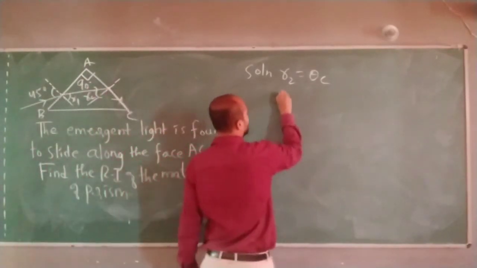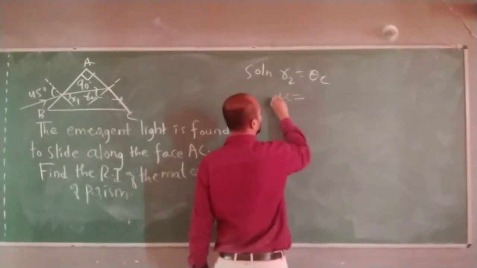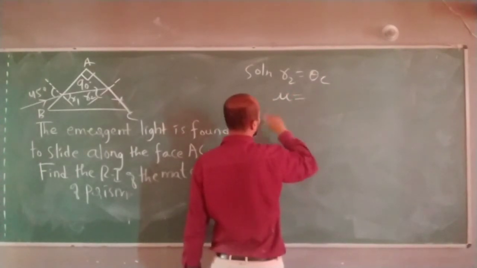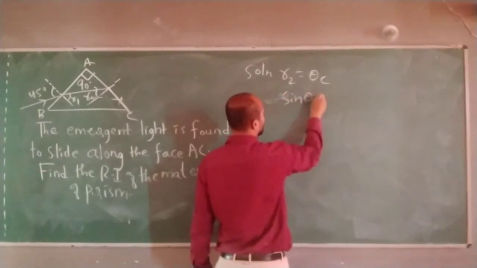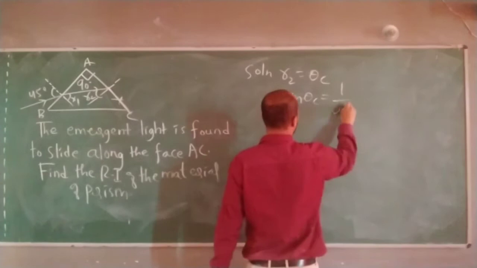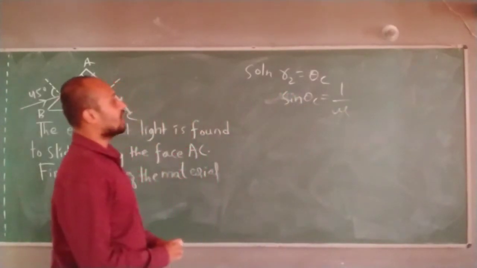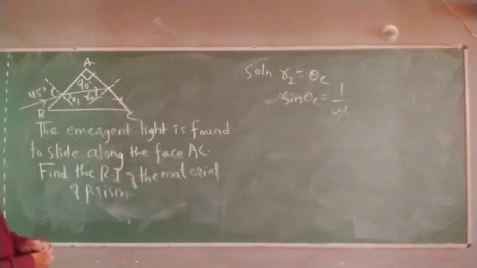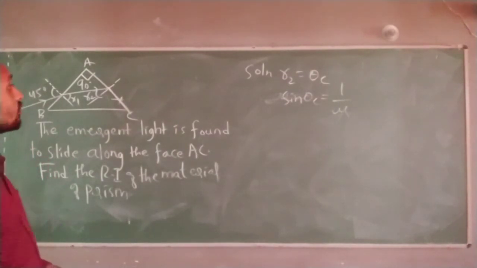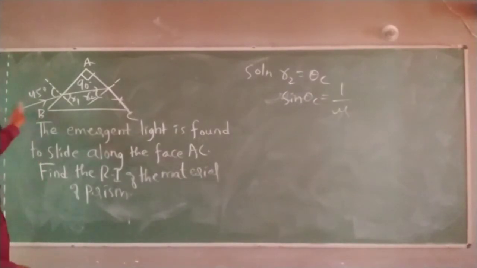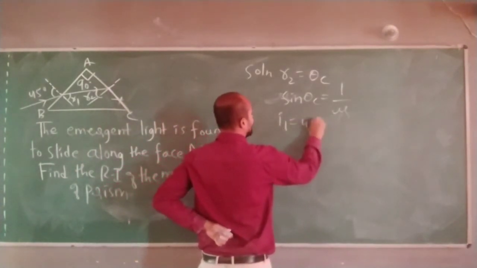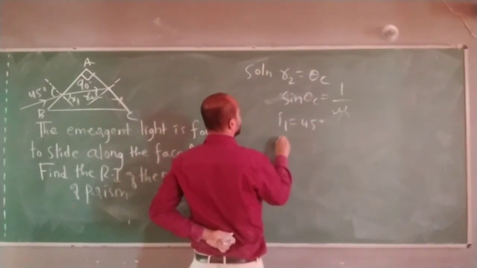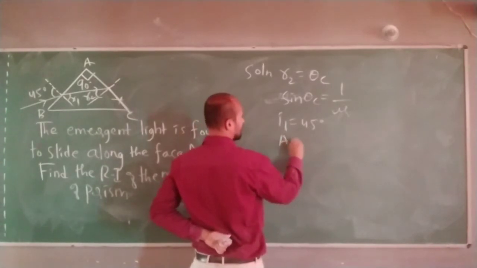So we need to find mu. How to find mu? We know that sin theta C is equal to 1 by mu. If I find the value of theta C, I can find mu. But for that I must find theta C. How to find theta C? Let's see. Here i1 is 45 degree. A is given as 90 degree.